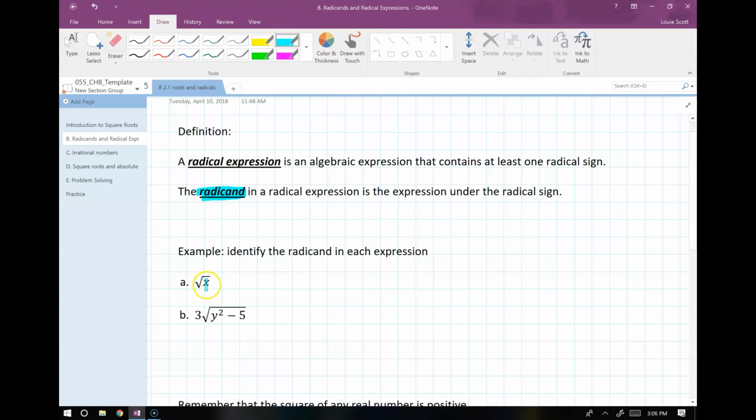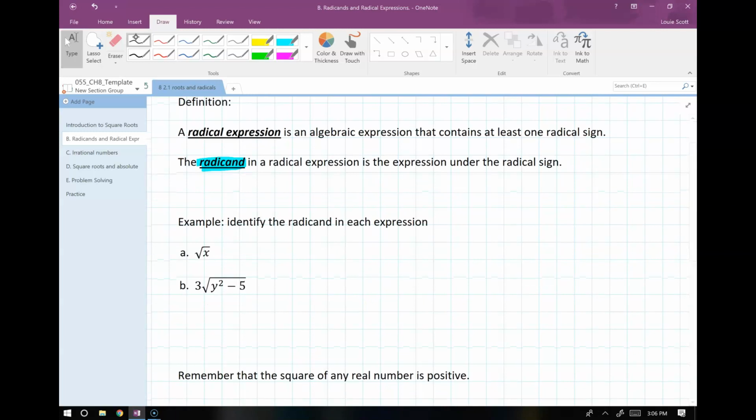So the radicand in this first example is x. The radicand in this second example is y squared minus 5, the whole thing that's under the square root, but not the 3, because that's out in front.